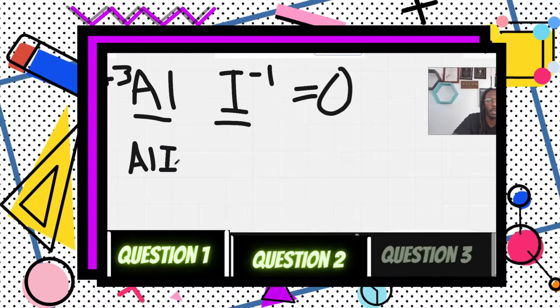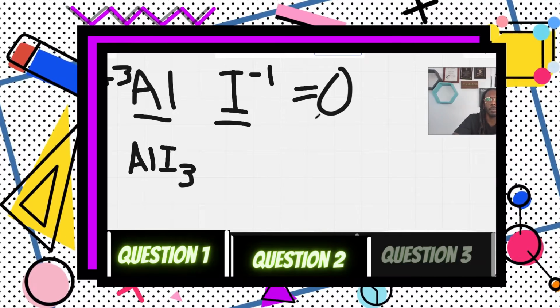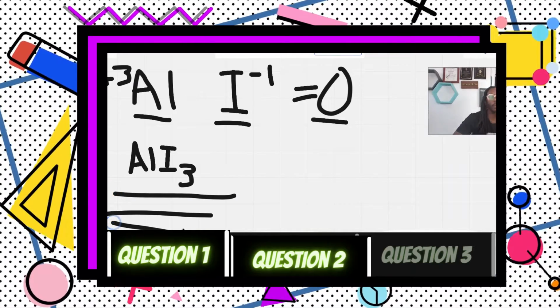In order to balance out the +3, I need 3 iodines for every 1 aluminum. So therefore, 3 minus 3, 1, 2, 3, will give me my 0. So this is my final answer: AlI3.